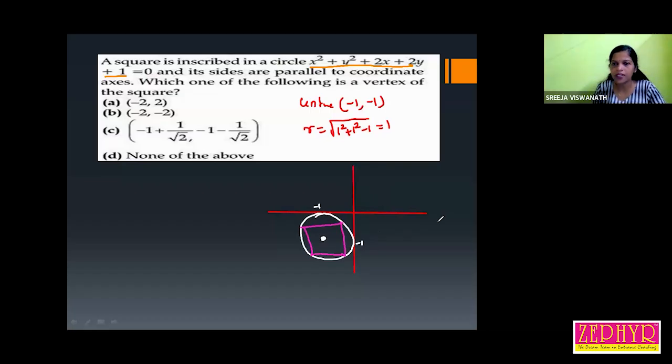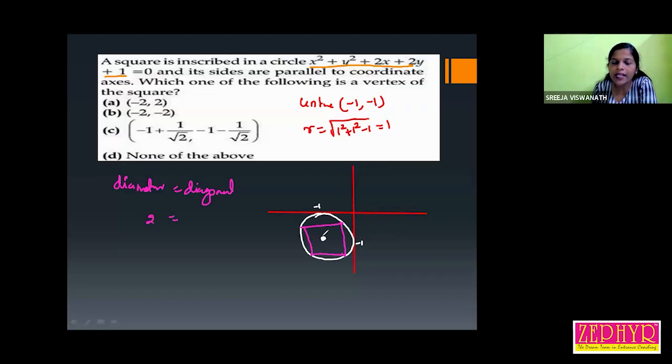How we can find that? Here, the diameter is equal to the diagonal of the square, right? Diameter, that is 2.